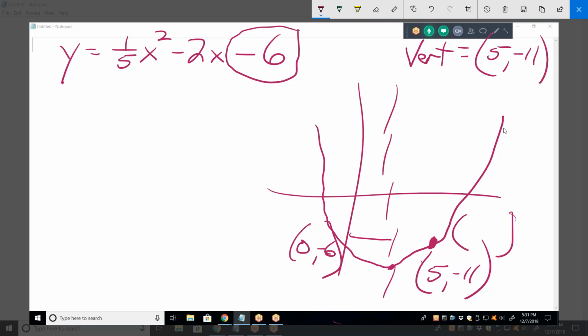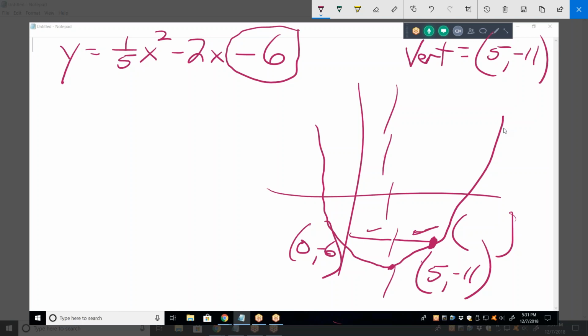Okay, what's this distance right here? This thing is symmetrical about that line of symmetry. That's why it's called a line of symmetry. So whatever the distance was between there and there, it's the same between there and there.